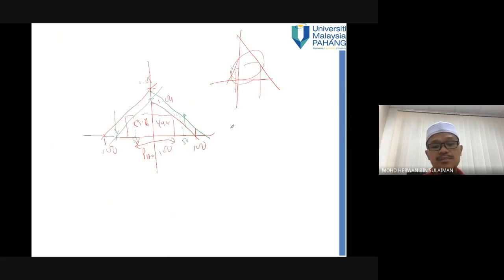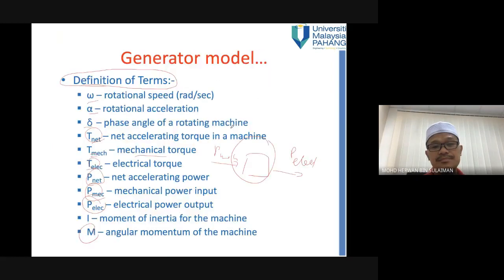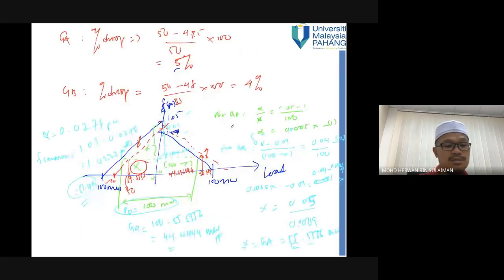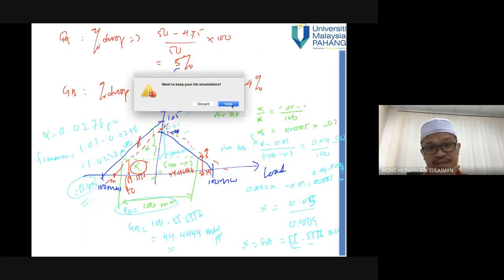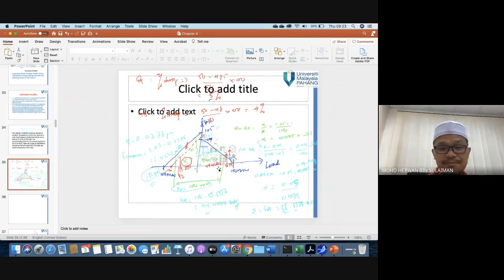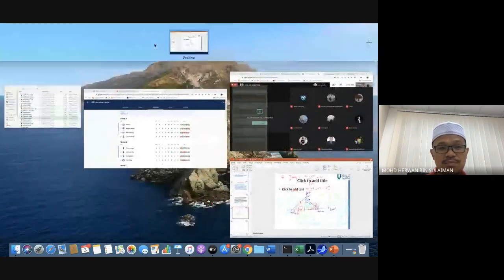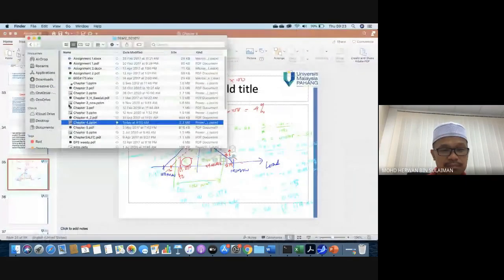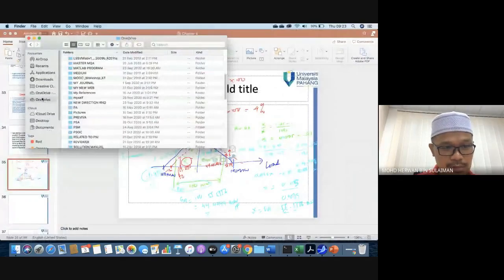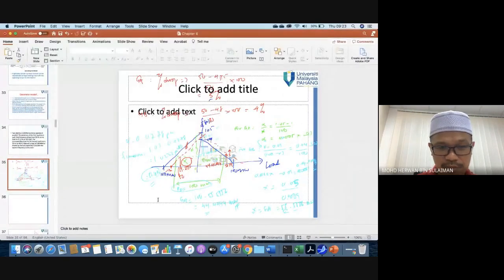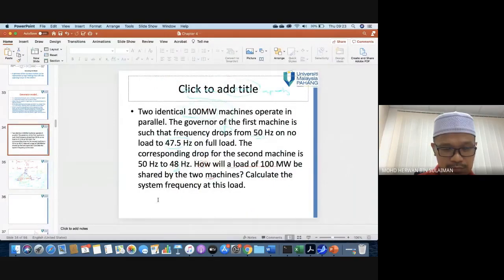Okay. That is the example of this topic. Basically, let's take a look at the example of the soalan exam. This question, I think, appeared in the last 2 semesters.